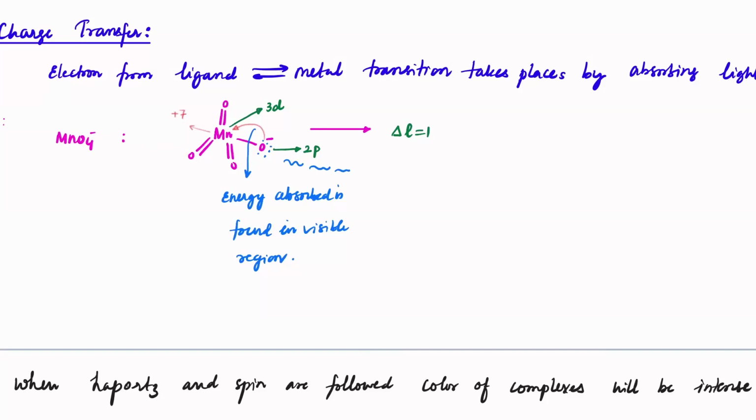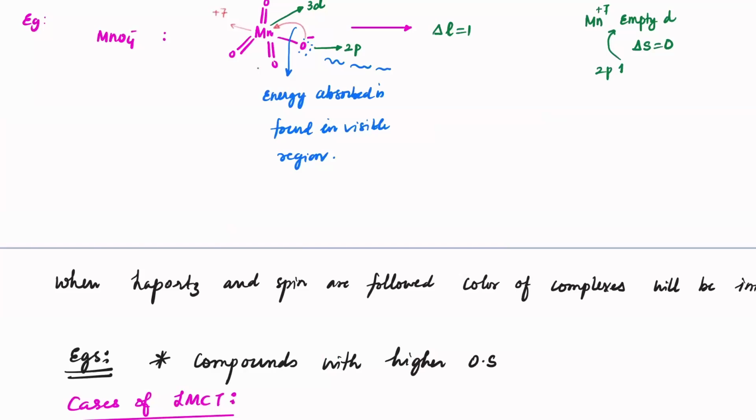Second, manganese plus 7 has empty d orbitals, and the 2p electrons going there need no change of spin, so delta S is 0. That means it is Laporte followed as well as spin followed. So when charge transfer happens from ligand to metal, both the Laporte selection rule and the spin selection rule are followed, which makes the colors very intense. That's the reason MnO4 minus is an intense purple color.